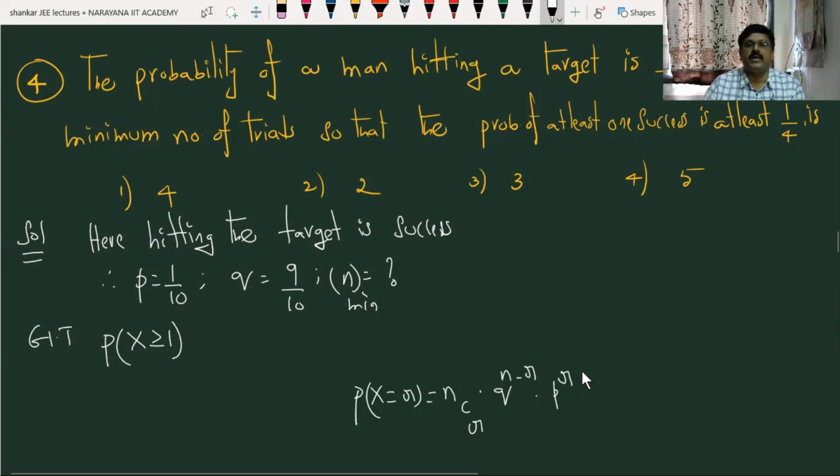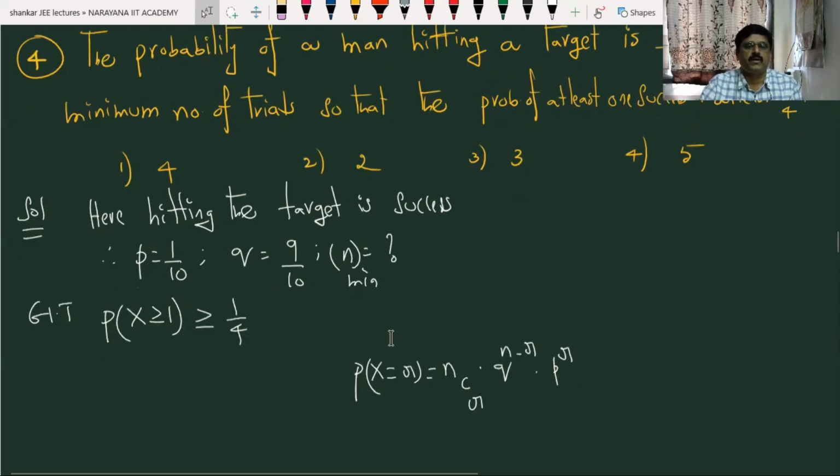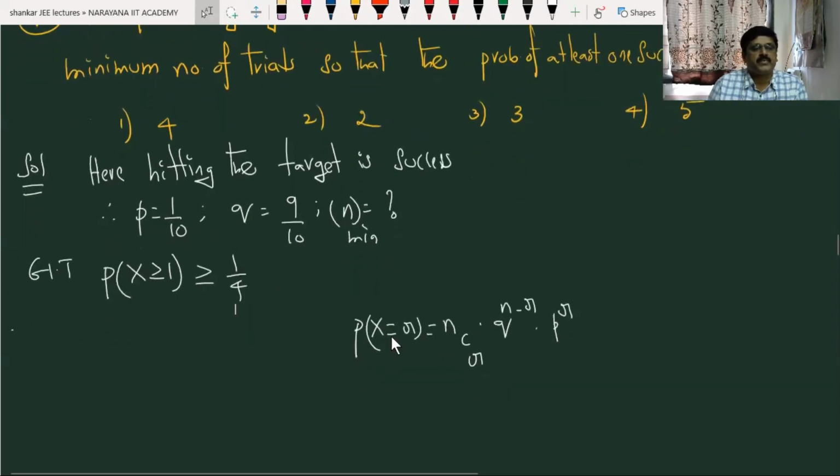So probability of at least one success is at least 1 by 4. Actually, its expansion is P of x is equal to 1 plus P of x is equal to 2 and so on. Binomial distribution ends at n. Okay. So P of x greater than or equal to 1 is greater than or equal to 1 by 4.